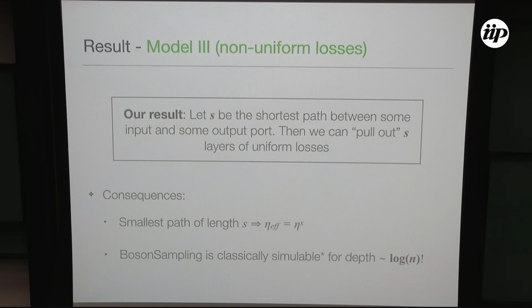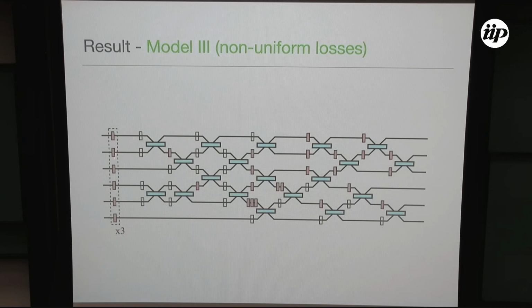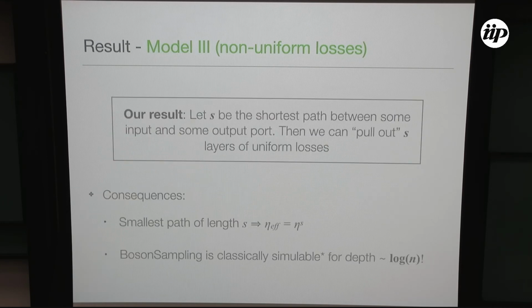So a consequence of this for Boson sampling specifically is that if the smallest path has length s, right, then this corresponds to having some effective loss here at the input, which scales exponentially with s, right? So the survival probability at each of these loss elements is eta, then the overall survival probability per photon is going to be eta to the s, right?